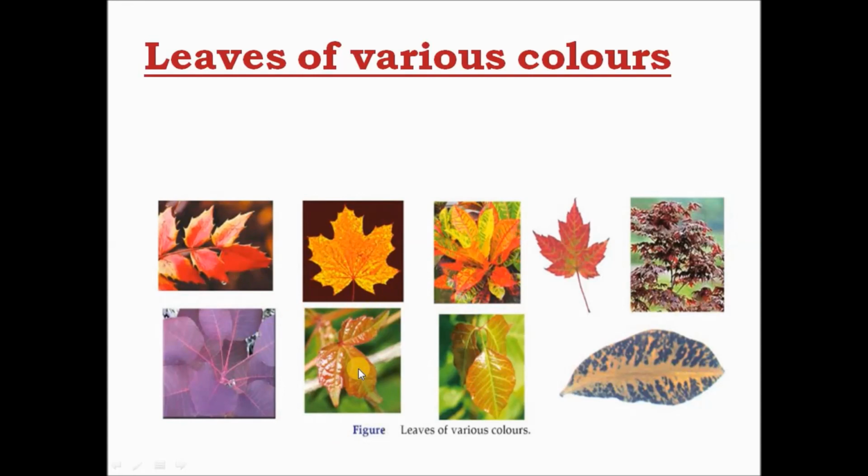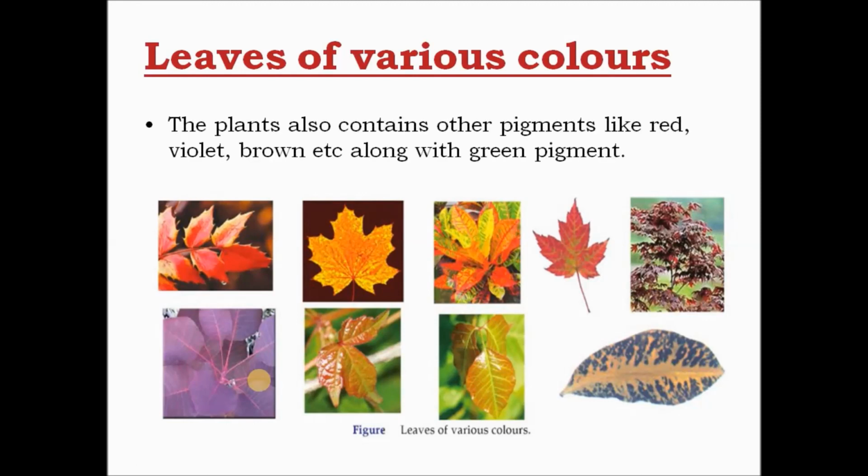All these colors are due to the presence of chromoplast, which is a colored pigment in the plant cell. They also have chlorophyll, but the amount of chlorophyll present in these leaves is less compared to the amount of chromoplast present in the leaf. These plants also carry out the photosynthesis process.